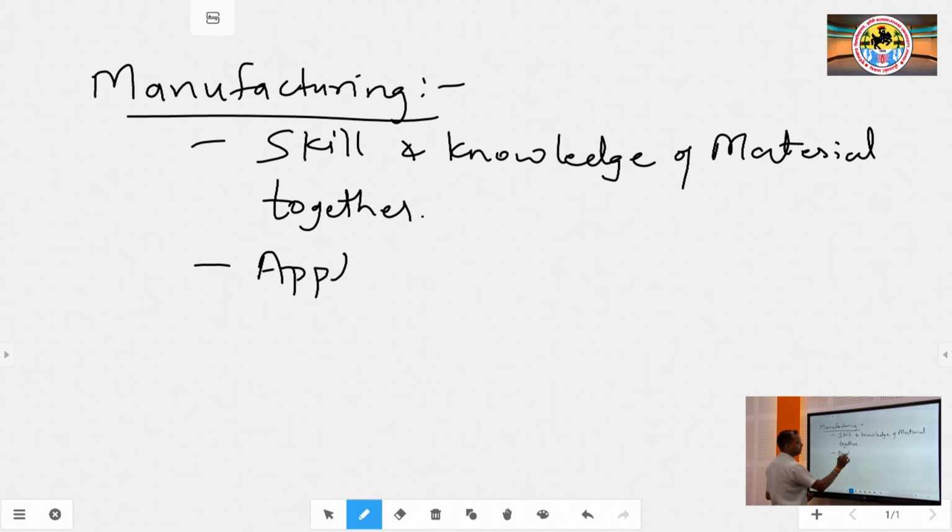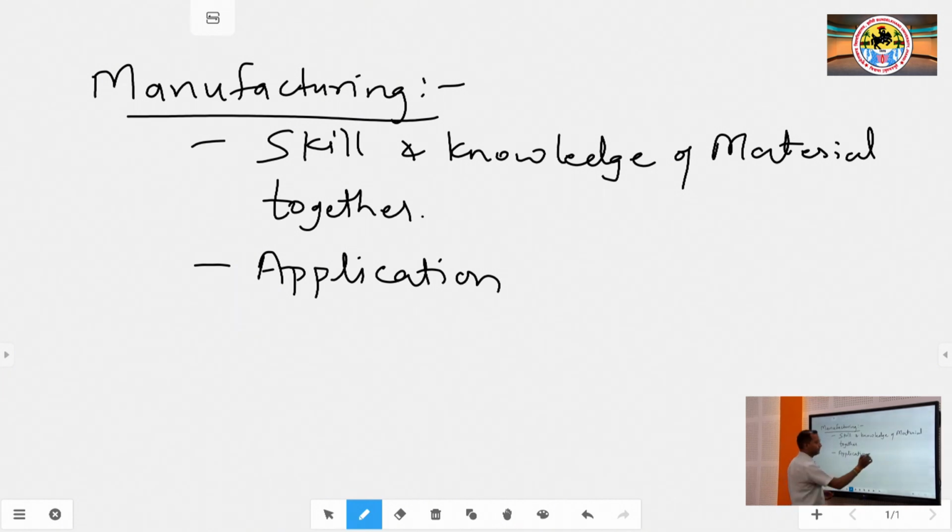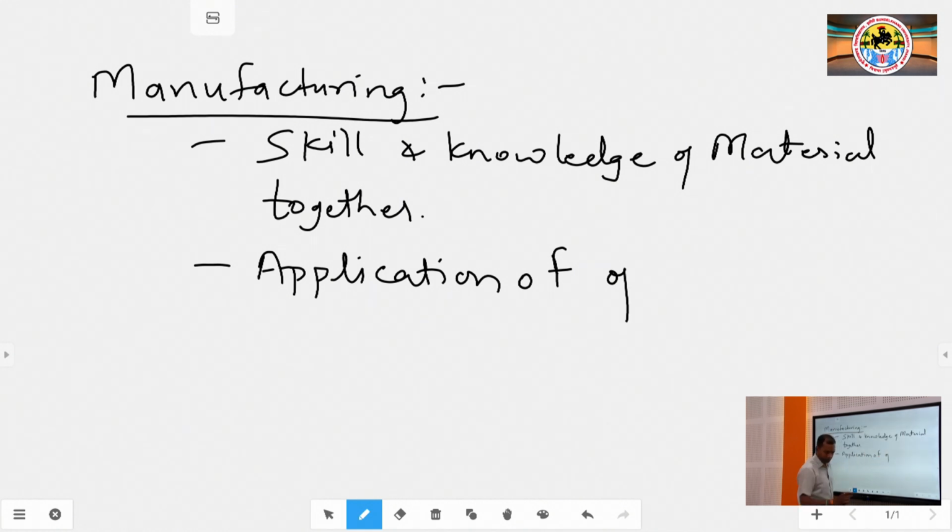Then, after knowing the basics about the material, we apply the process.